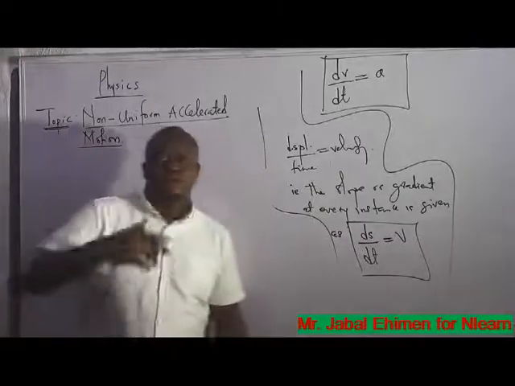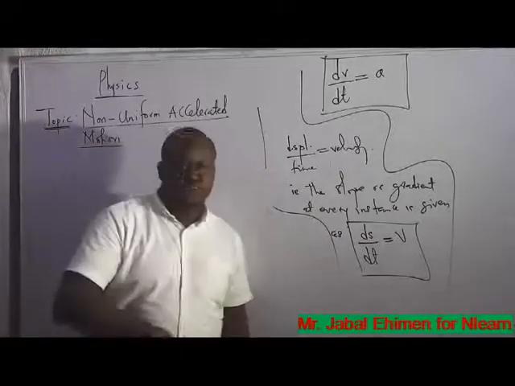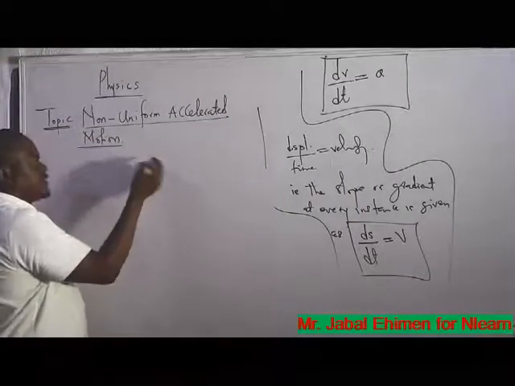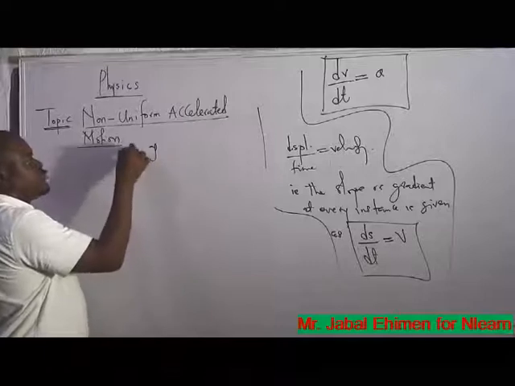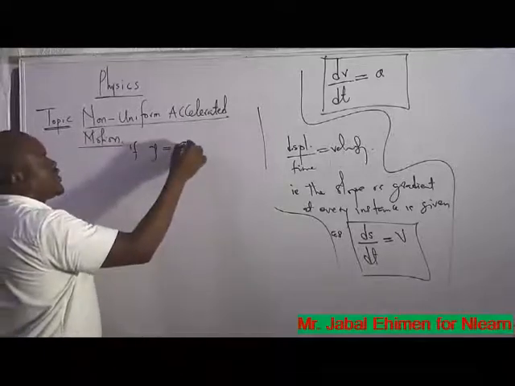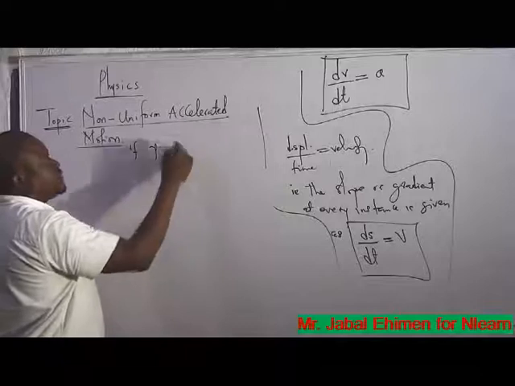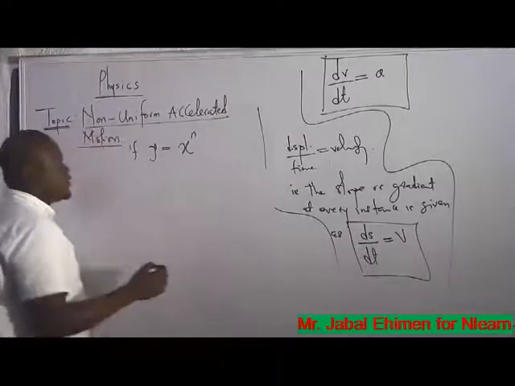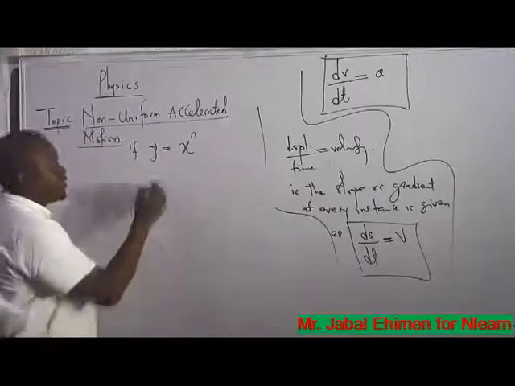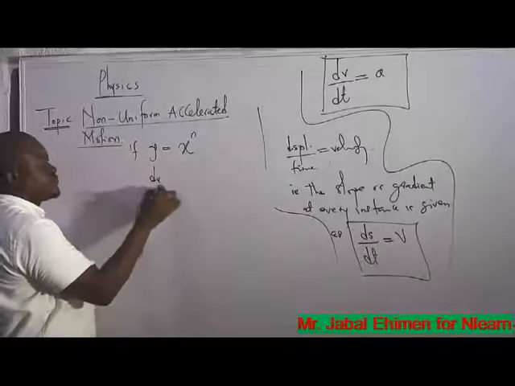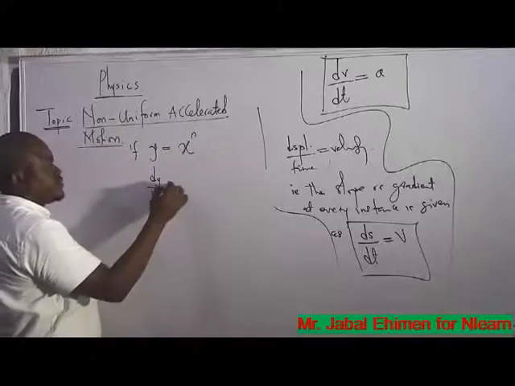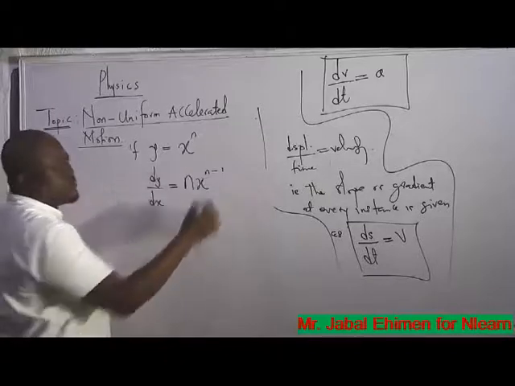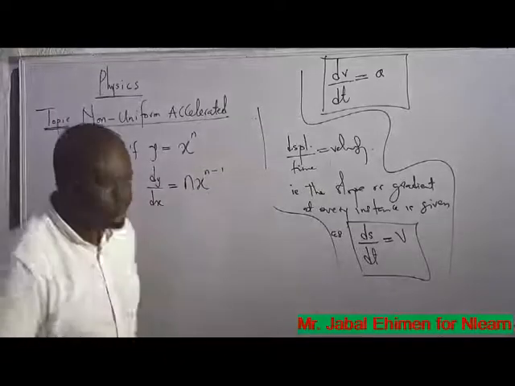Now let's take a look at this. Probably Newton was right, or Leibniz was right, but they concluded that if y is equal to x raised to power n, then dy over dx will be n x to the n minus 1. That's what they concluded.